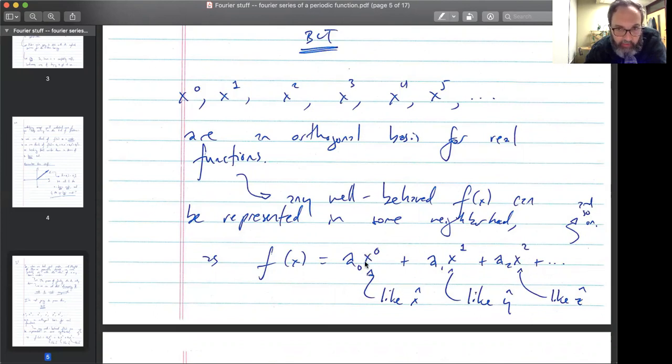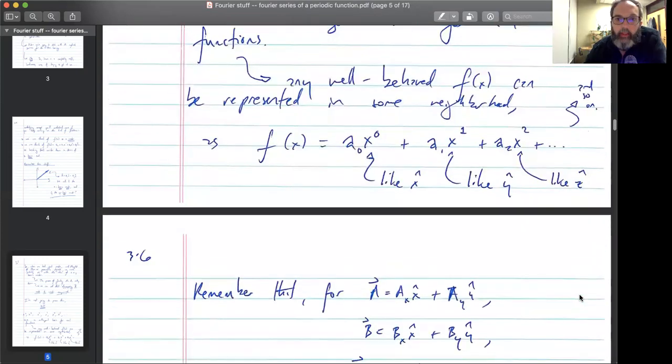So we can think of this as being a basis vector that's like the unit vector x hat, except it's like a function or a number as well as that, right? This is like y hat, the next basis vector. This is like z hat, the next basis vector. And we're only used to thinking in terms of 3 spatial dimensions, so I don't have a letter that comes after z to say the x to the 3rd power polynomial there is like the basis vector. But I think you get the idea.